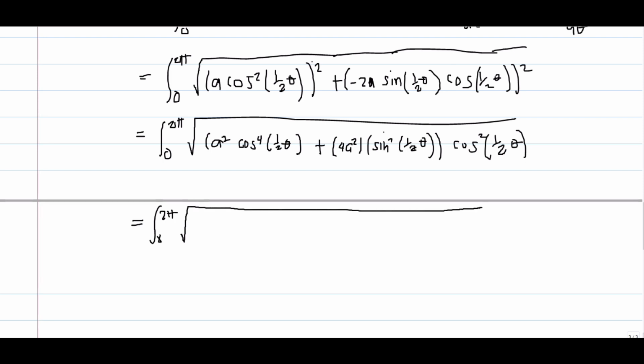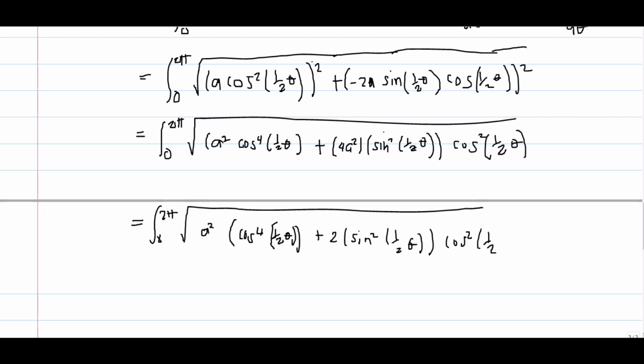Okay, so this would be equals to the integral of 0 to 2 pi, then the square root, no? So we can now factor out a squared, no? So the quantity of cosine to the power 4, 1/2 theta, then plus 4 times sine squared, then 1/2 theta, then cosine squared, 1/2 theta.